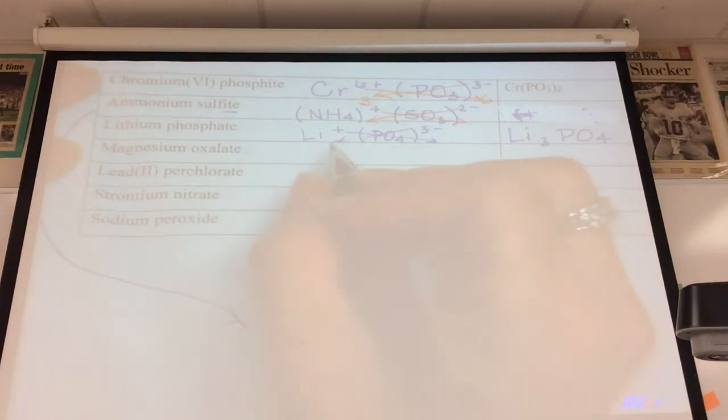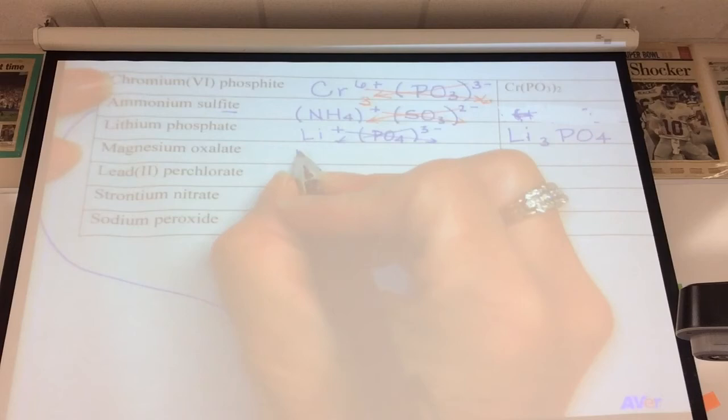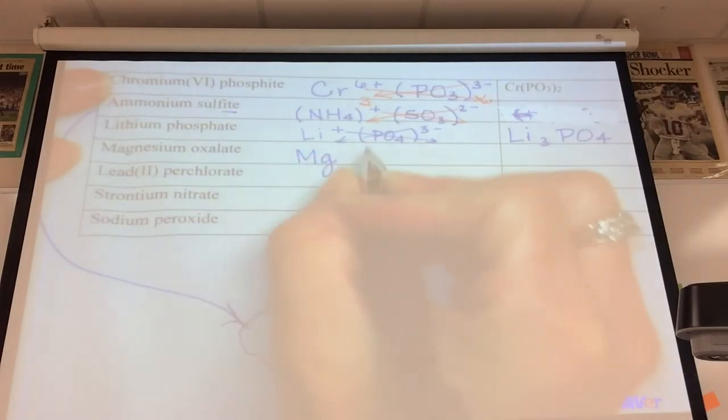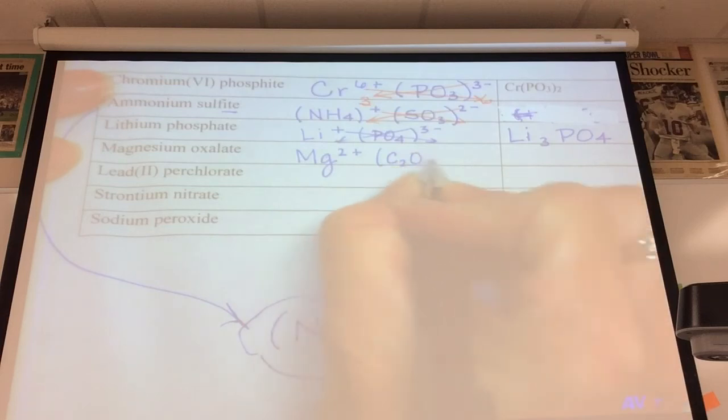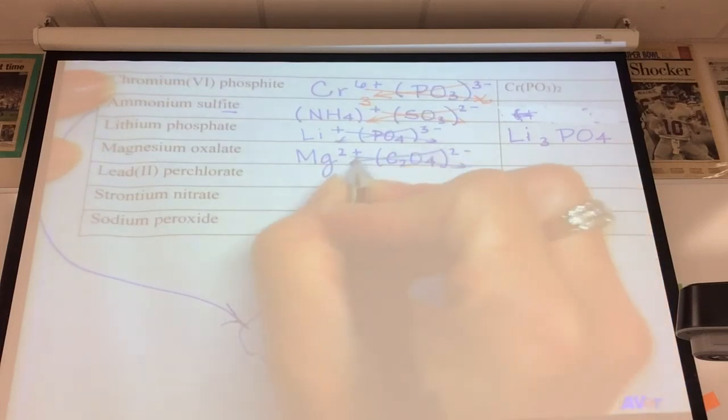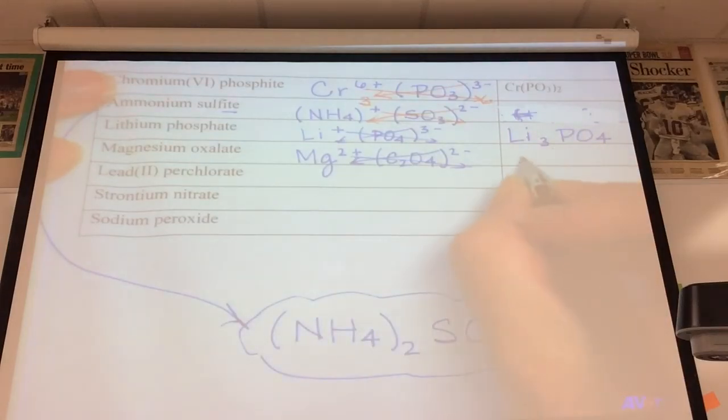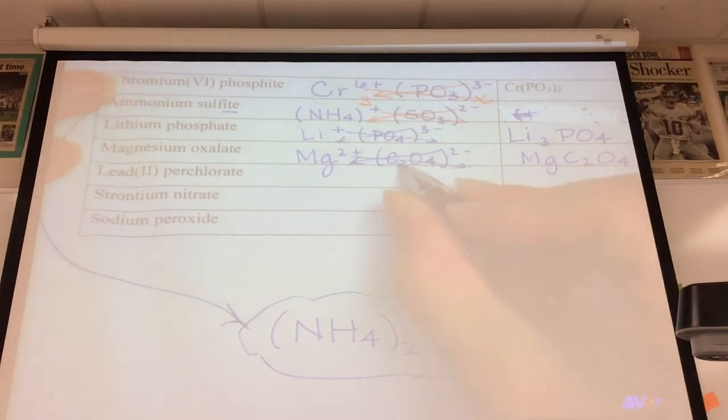Magnesium oxalate. Magnesium has what charge? 2 plus, group 2. Oxalate we've seen before. 2 minus. What's going to happen to those 2's? They're going to cancel. But I'm not going to touch that 2 or 4 part of the oxalate anion.